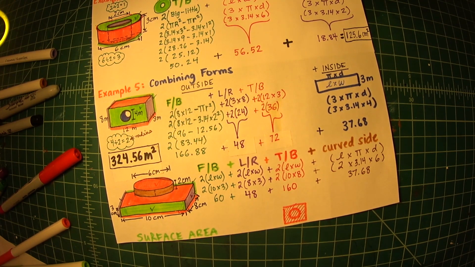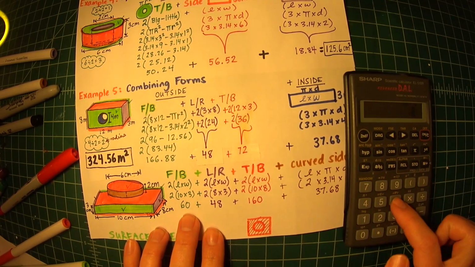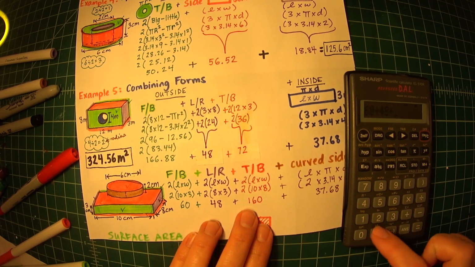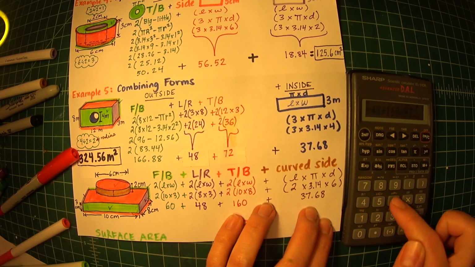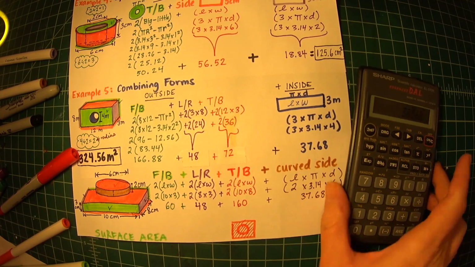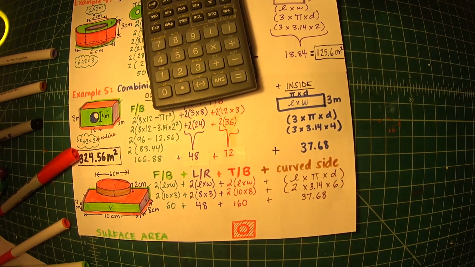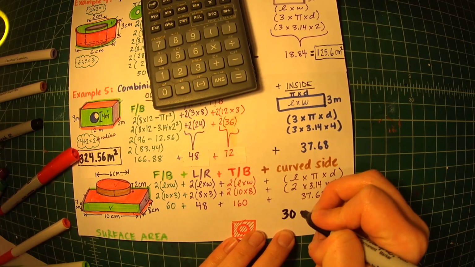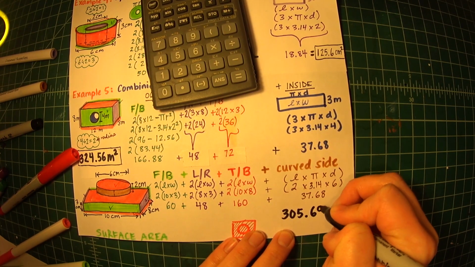Okay, so my final step then is just going to be to add up all of these faces. 60 plus 48 plus 160 plus 37.68 equals, so my grand total is 305.68.